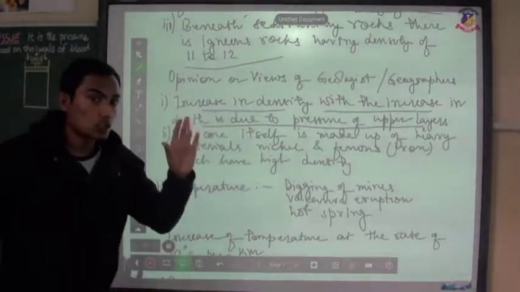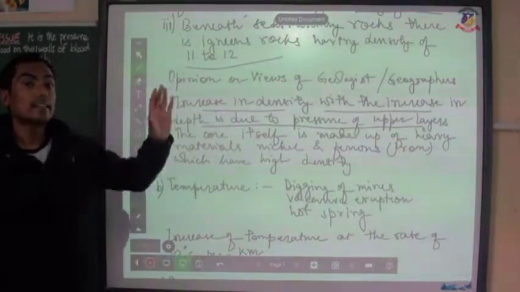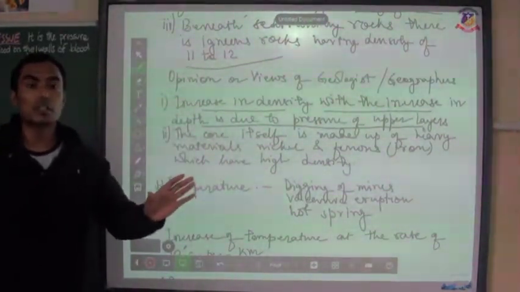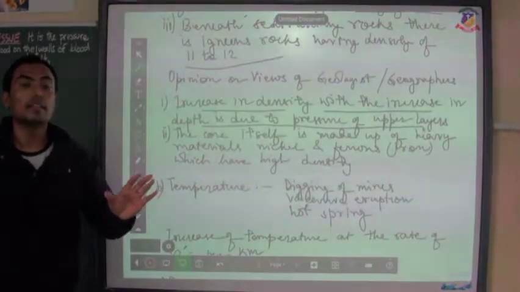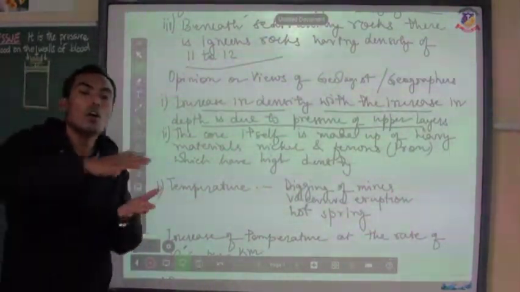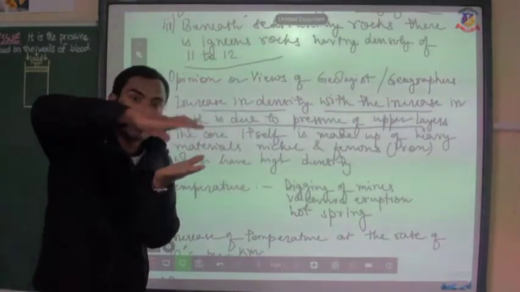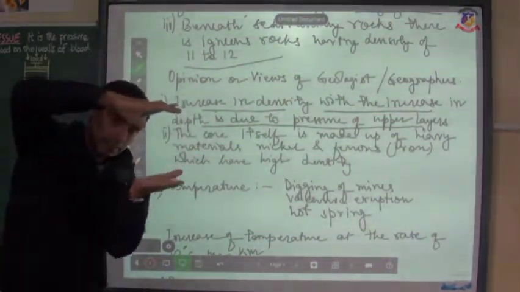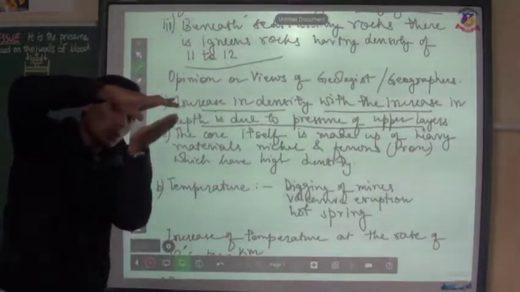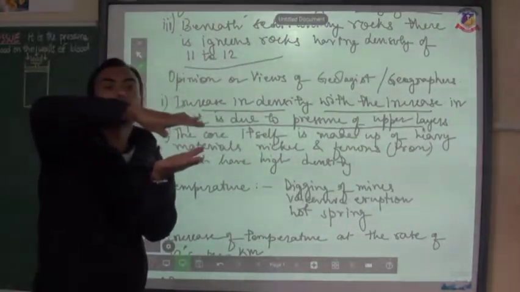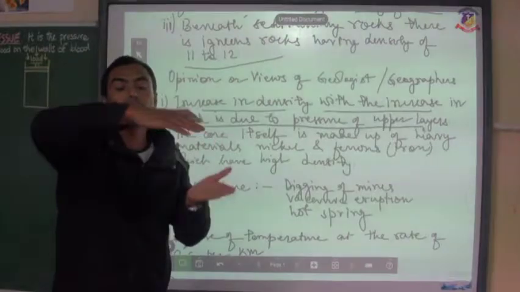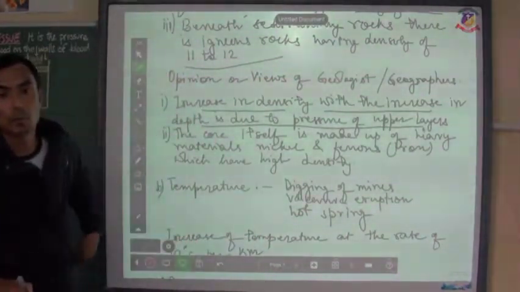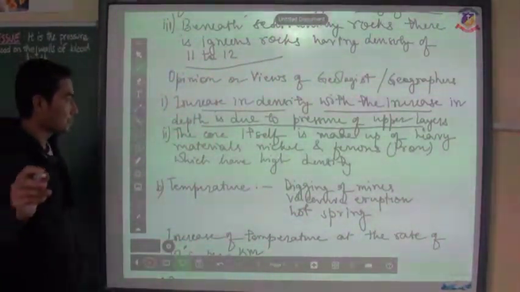Clear? The geologists have said that the increase in density due to increase in depth is because of the pressure of the overlying layers. It means that the sedimentary rocks are giving pressure to the igneous rock, resulting in the increase of density as we go deeper from the earth's crust.